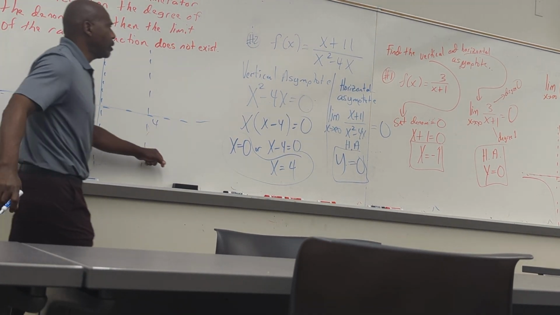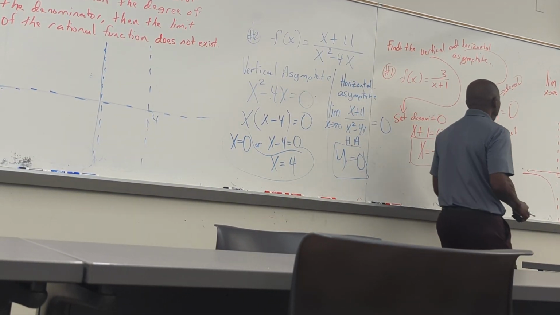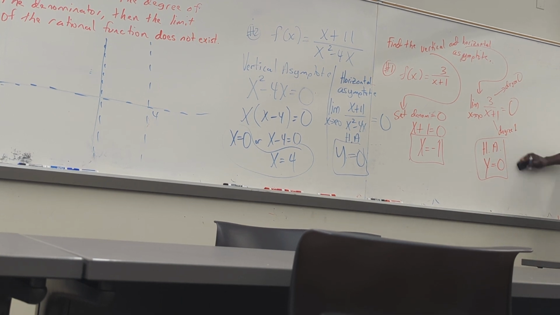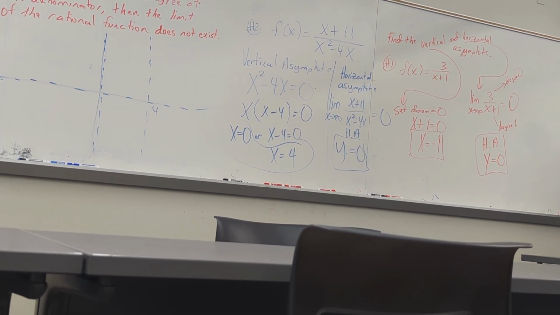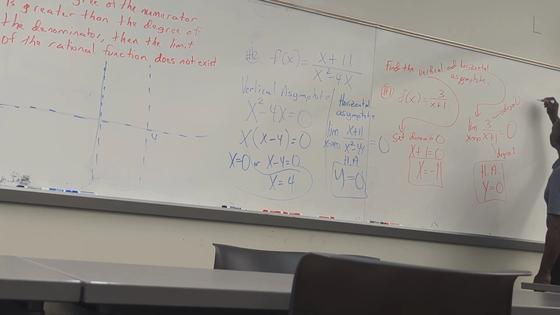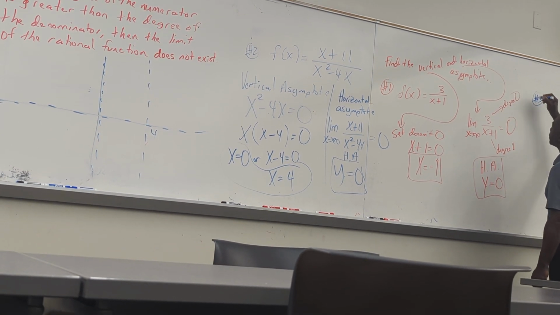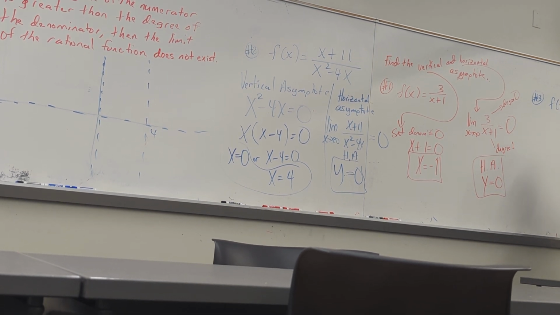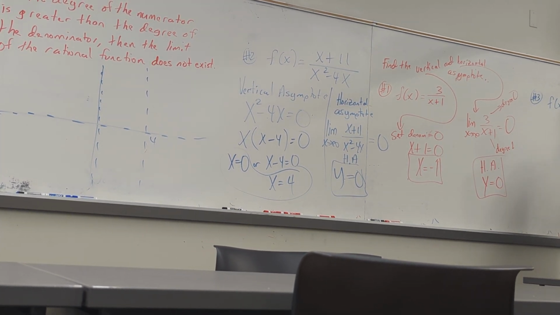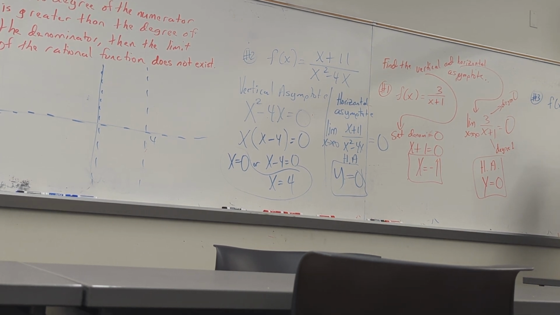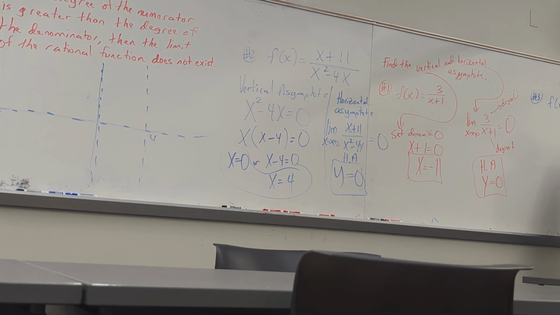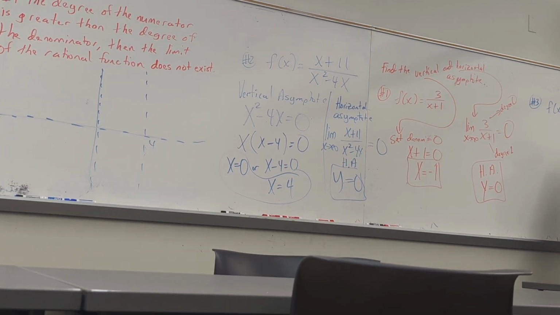We may as well do one more. We ready, class? Let's do number 3. It says f of x equals x squared minus 4 all over x squared minus 8x plus 5.